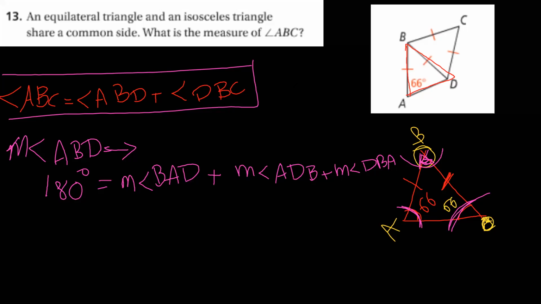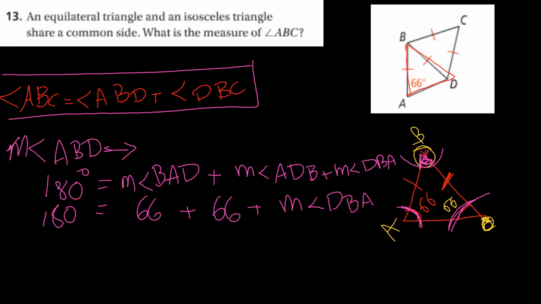Now, the measurement of the angle BAD is 66, plus the measurement of the angle ADB, which is also 66, and the measurement of the angle DBA is unknown. All of them equal 180. Then 66 plus 66 is 132.